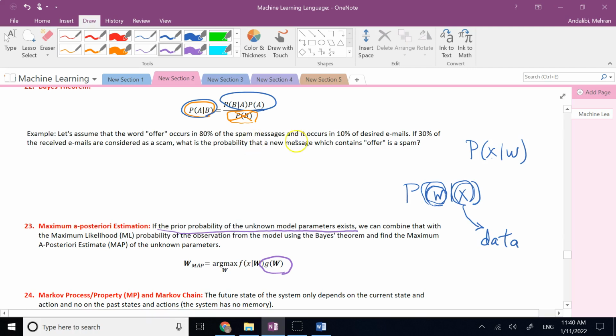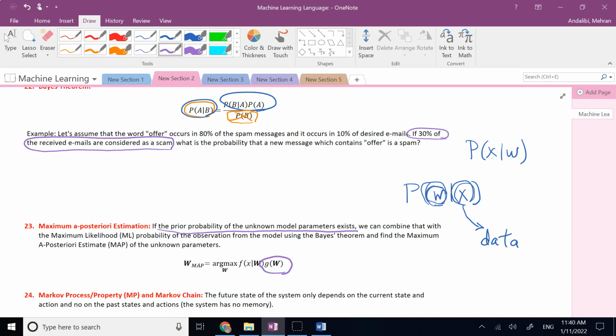And what is it in this example? In this example, it's this information here, this guy. That I know that 30% of the received emails are scams. Not always do you have such luxury of knowing that 30% of the emails I receive in general are scams.